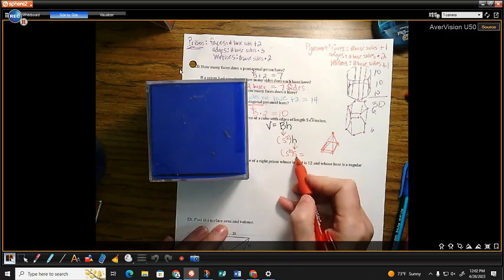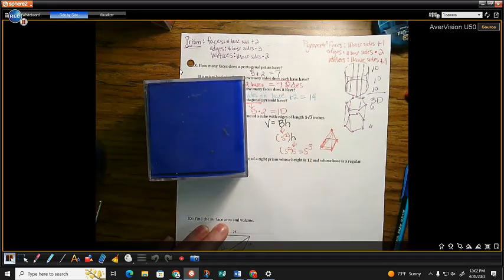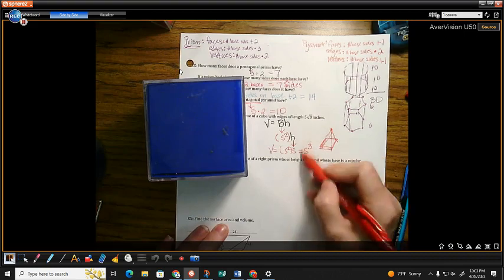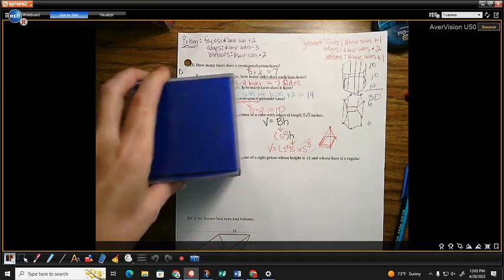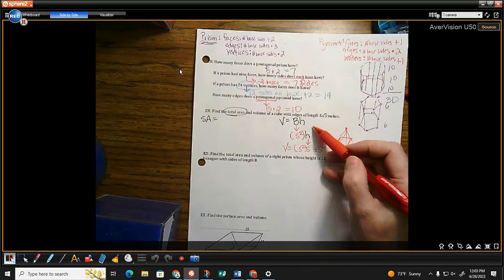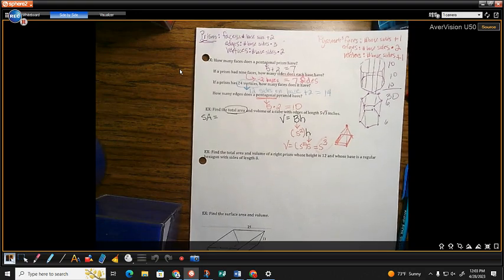What's S squared times another S? S cubed. Yeah, some of you have forgotten your exponent rules. So the formula for a cube, if you want to learn that, it's S cubed, or you can just use your prism formula.